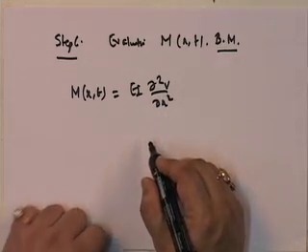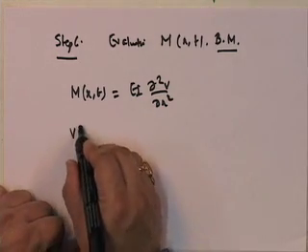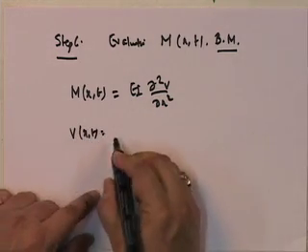So what do we have? If you look at it, what is Vx of t equal to?